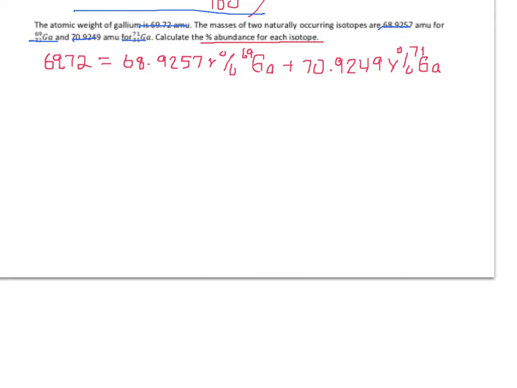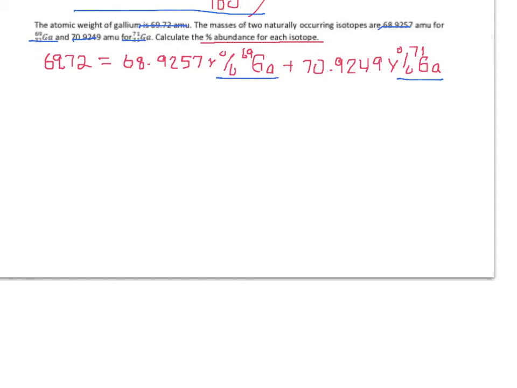So how are we going to go about solving that? We have two unknowns, but we're given one equation. And if you remember from algebra, if you have two unknowns, you need two equations. So let's come up with another equation.